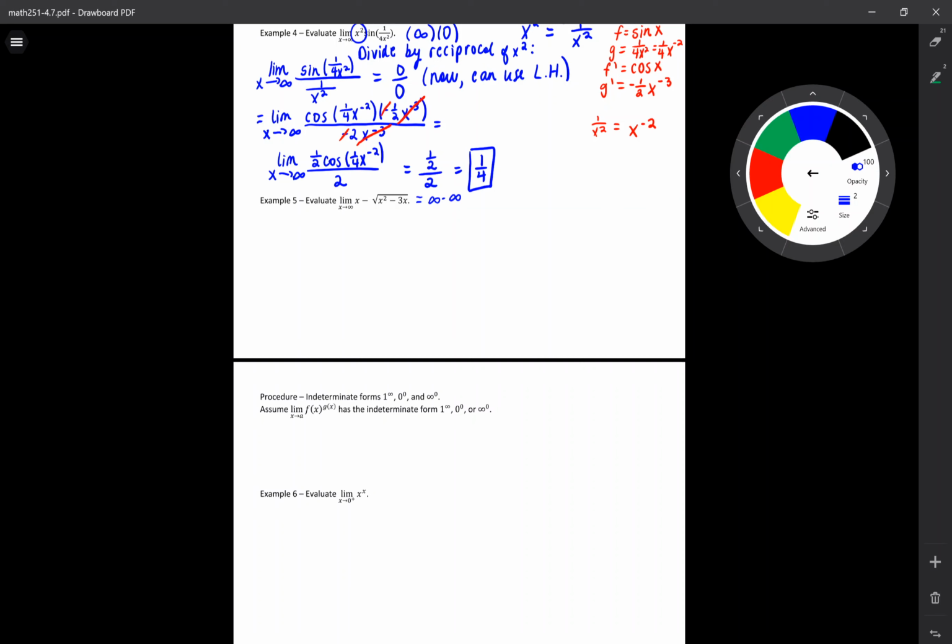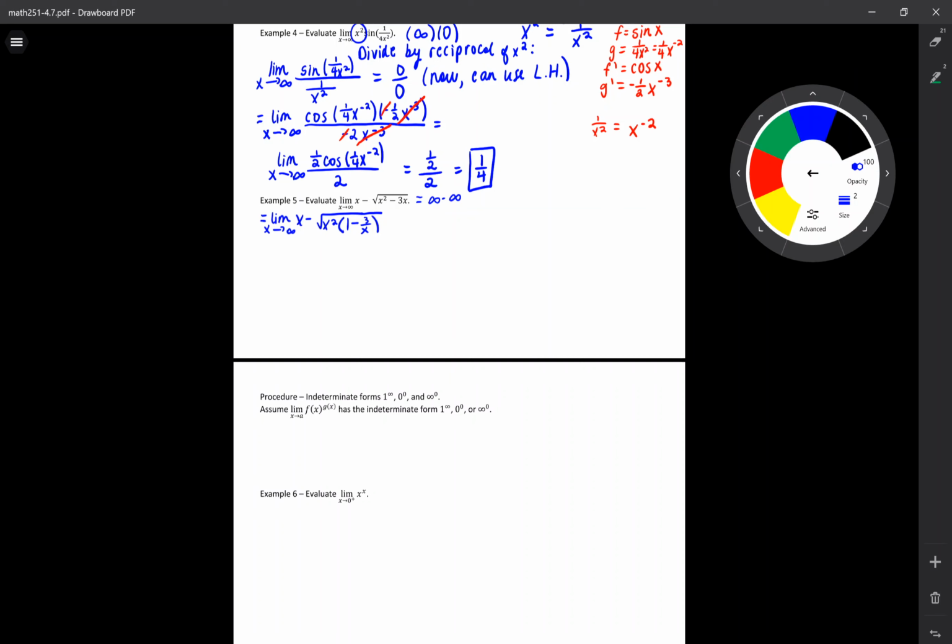I'm going to factor out that x squared from the inside of my square root. So I will get this limit as x approaches infinity, x minus square root of x squared. When I factor out that x squared from both terms, I will get 1 minus 3x divided by x squared gives me 3 divided by x.